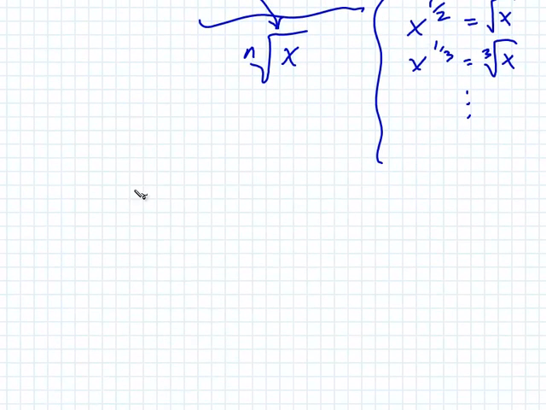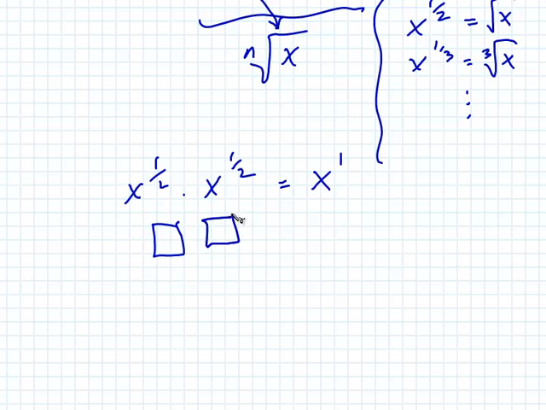What if I took x to the 1/2 times x to the 1/2? Let's use the other property of exponents that says we should add the exponents here. This would be x to the 1/2 plus 1/2, or x to the 1, simply x. So this means that this number times itself gives us x. Again, we see that this number should be the square root of x. Okay?